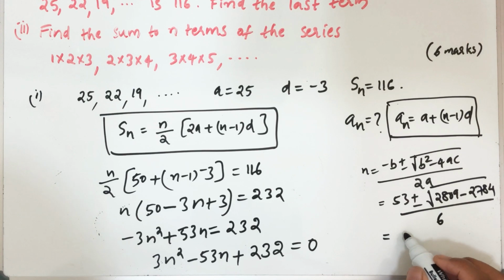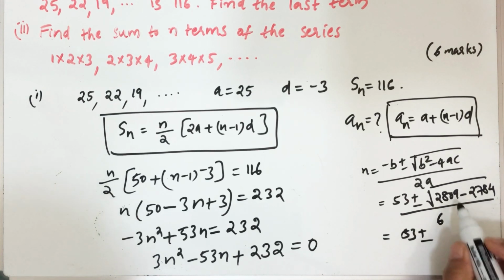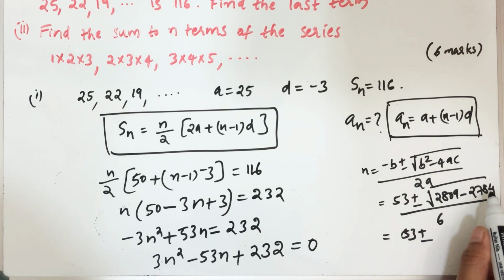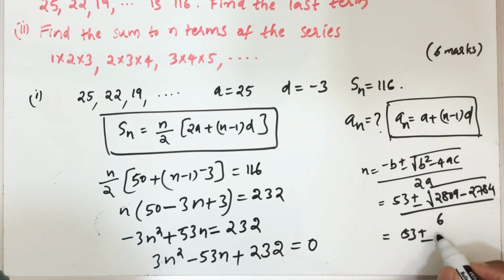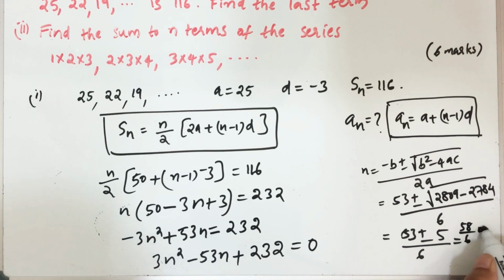Which is equal to 53 plus or minus root of 2809 minus 2784, that is 25. Square root of 25 is 5, so 53 plus or minus 5 by 6, which is equal to 58 by 6 or 48 by 6. 48 by 6 is 8.